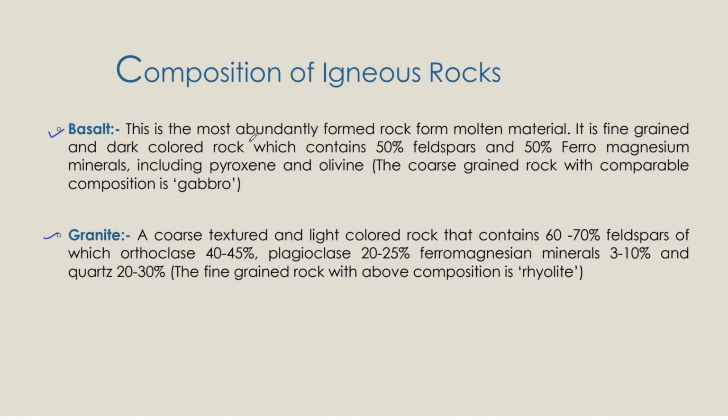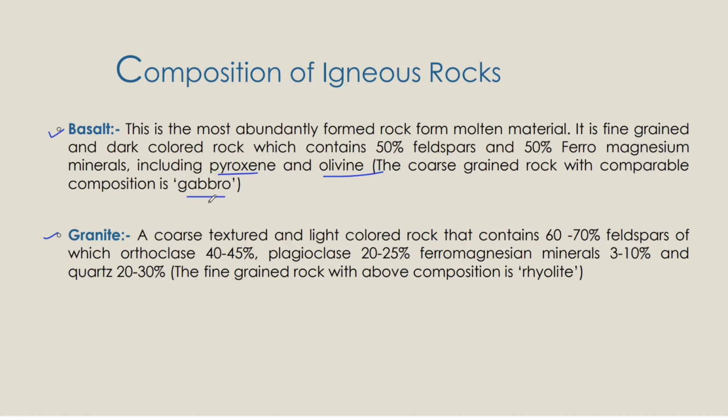So mainly there are minerals like pyroxene and olivine. The coarse-grained rock with comparable composition is gabbro. Here you can see that coarse-grained rock may also be present within the basalt. They are known as gabbro.